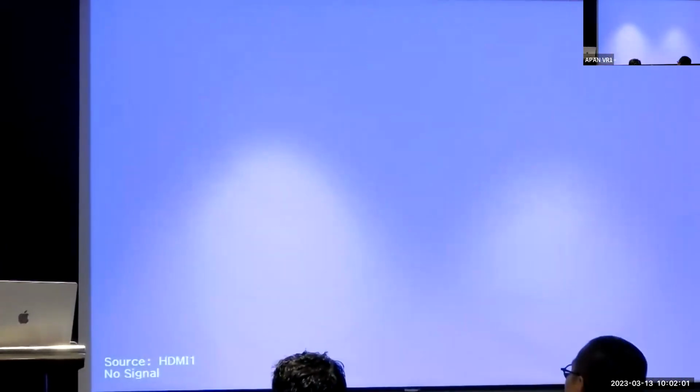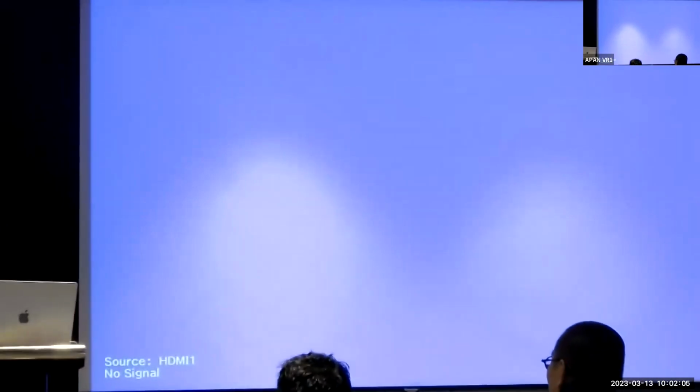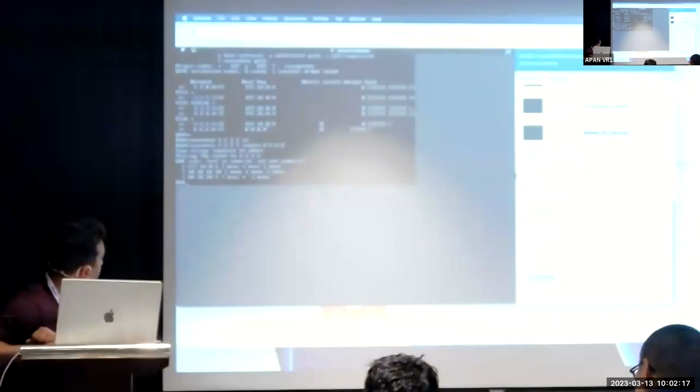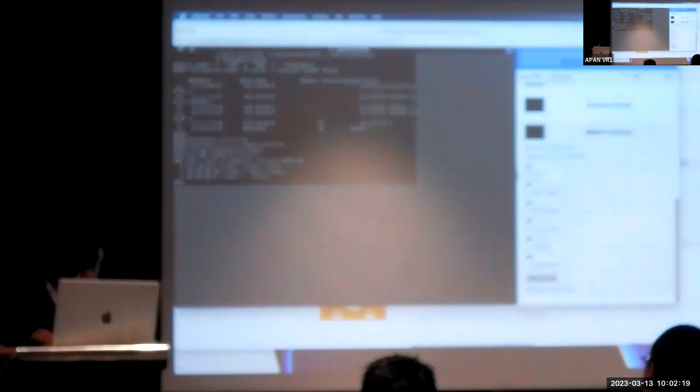Okay, so we have 3 IP addresses in this trace route, right? Those are the hops.